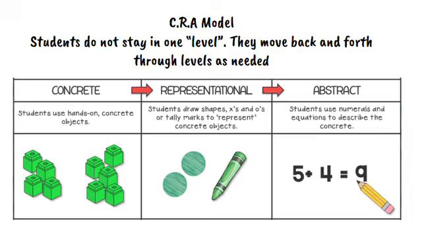So if you're making drawings of shapes or drawing tally marks and drawing anything to represent an object, we refer to that as representational. Abstract is using numerals and equations. So if your child is able to just say 5 plus 4 equals 9 and write that, then they're in that abstract level.